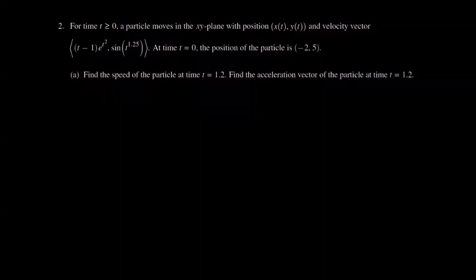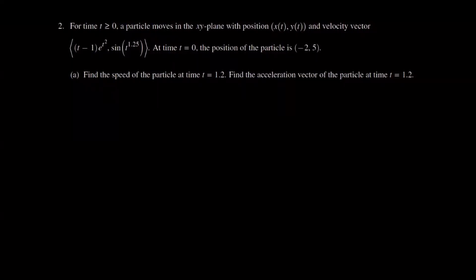In this question, we are given that for time t greater than or equal to 0, a particle moves in the xy plane with position x(t) and y(t), which is not given explicitly, and the velocity vector, which is given explicitly, as (t minus 1) times e to the power t squared, and sine of t to the power 1.25.